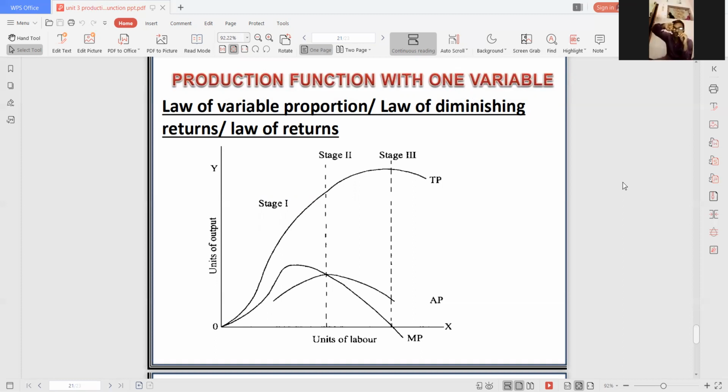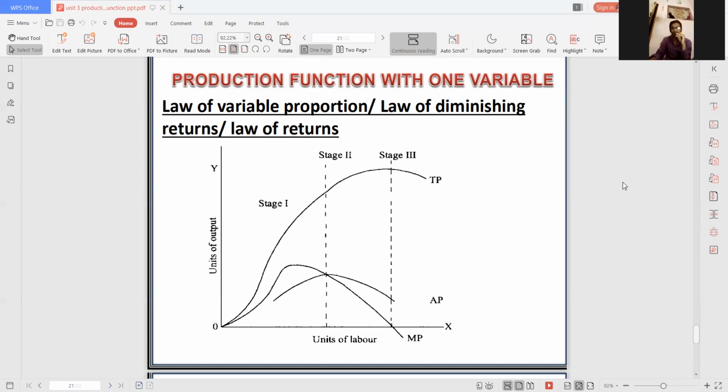In between stage 2 and 3, observe the graph. The upward trend is okay, then downfall, stagnant, matured, means it is going to be saturated. Then from stage 3 onward, the total product goes in a downward flow. Downward flow, TP, total product.